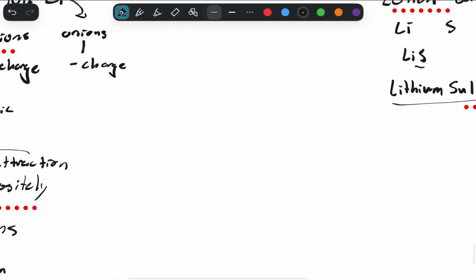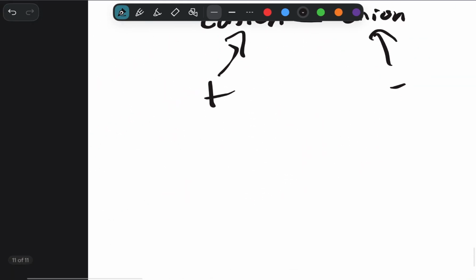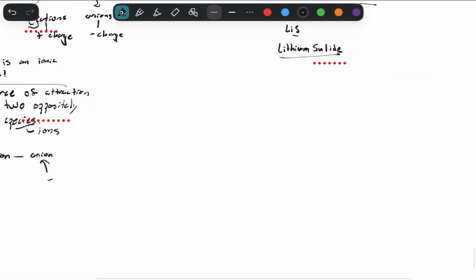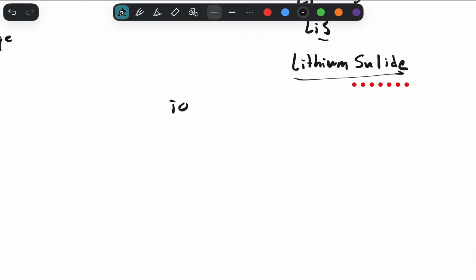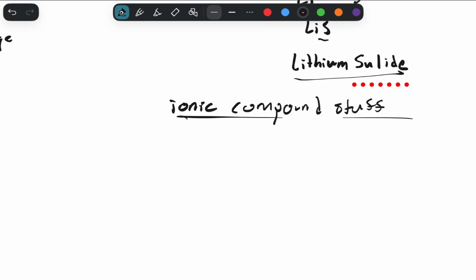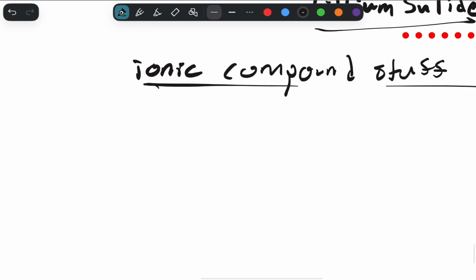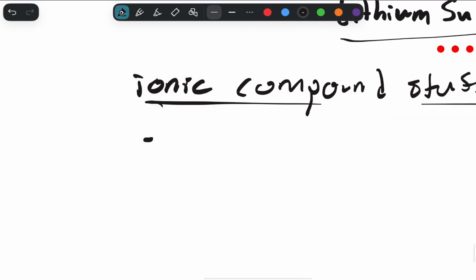Let's name this part ionic compound stuff. So first thing you have to know is that it's neutral.